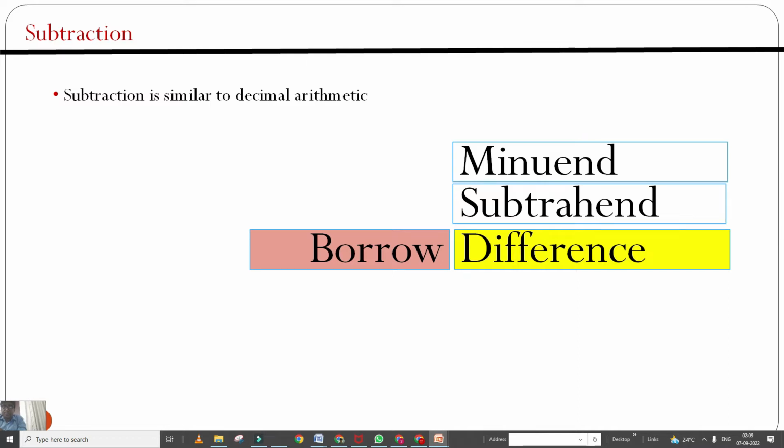To perform this difference, a borrow may be generated, or required, or may not be required. Since we are operating on binary numbers, the result is either 0 or 1.